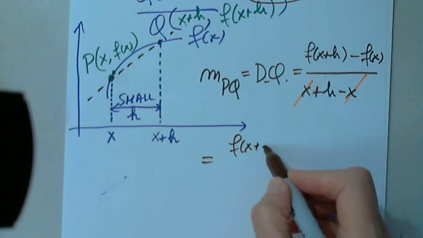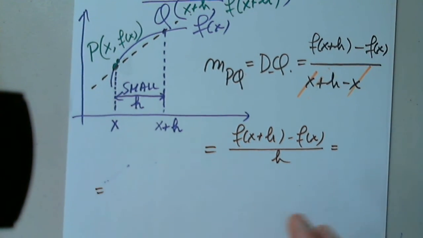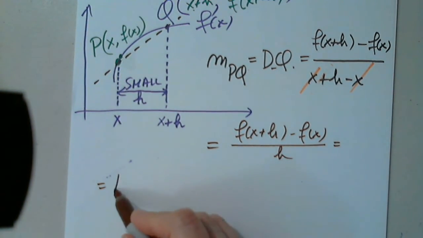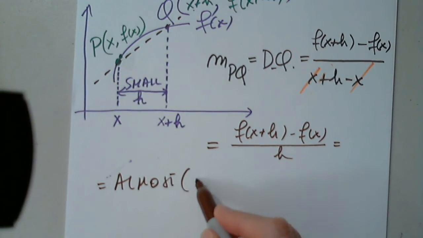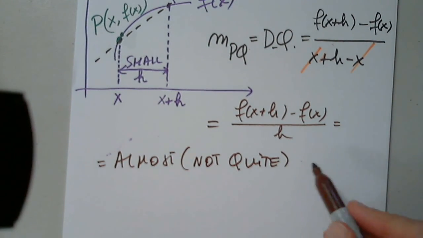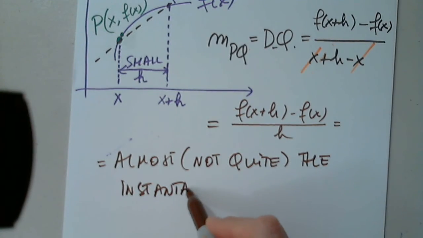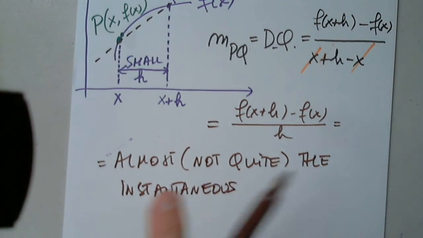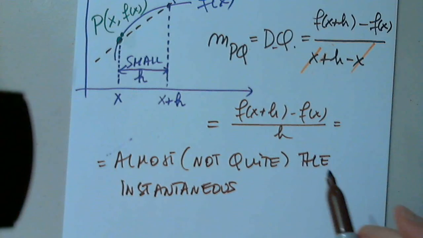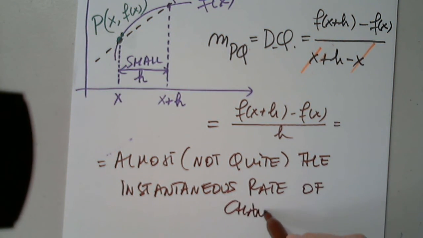So f of x plus h minus f of x divided by h is almost, not exactly, not quite, the instantaneous rate of change of a function, because h is tiny. Okay, almost.